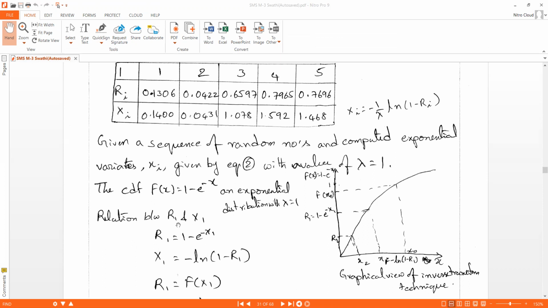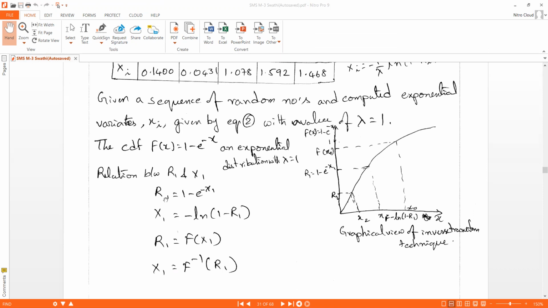Now the relation between R1 and X1 will be like this. That is R1 equal to 1 minus e power minus x1. X1 is equal to minus ln of 1 minus R1. Wherever lambda is there, in lambda place we are substituting 1.